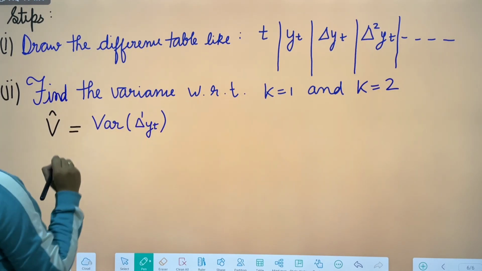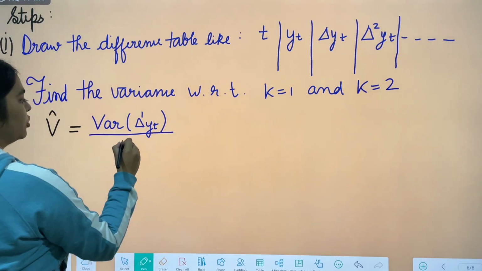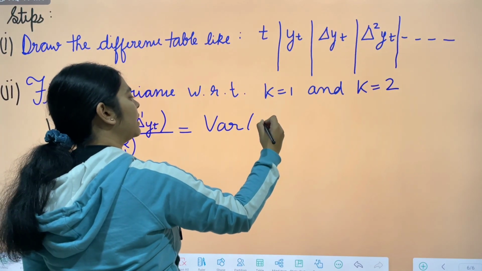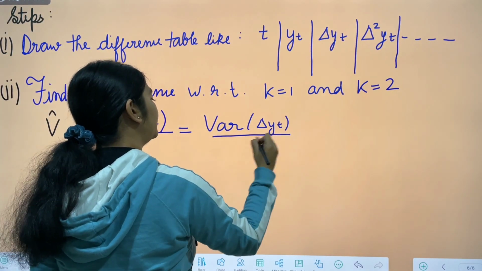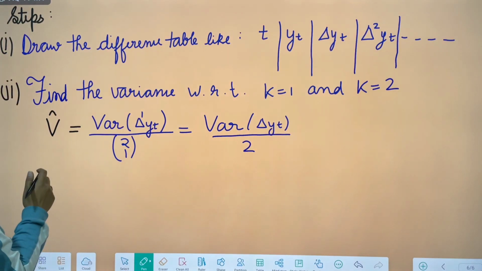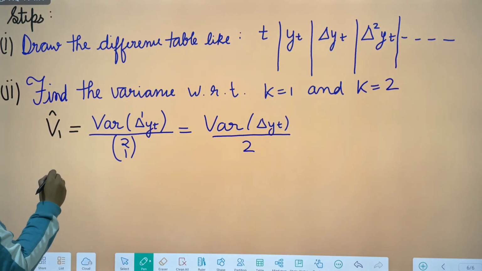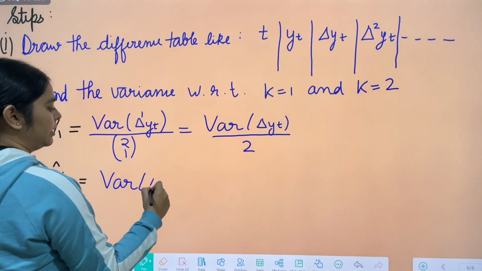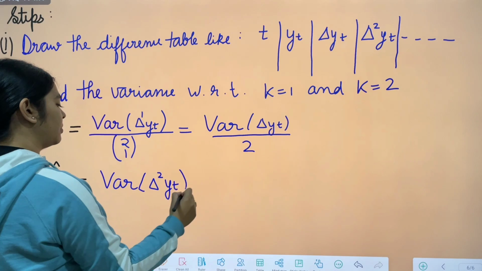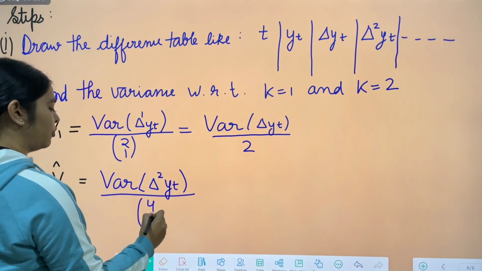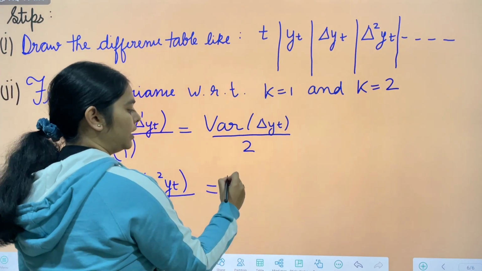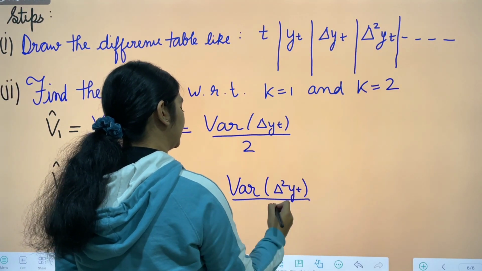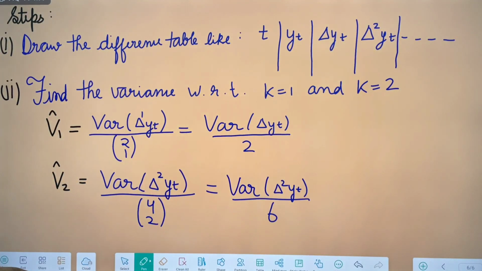Since k is 1, it would be delta raised to the power 1 only, and 2C1 is 2 only. And v2 would be the variance of Δ² y_t upon 4C2, so it would be the variance of Δ² y_t upon 6. So we have calculated v1 and v2.